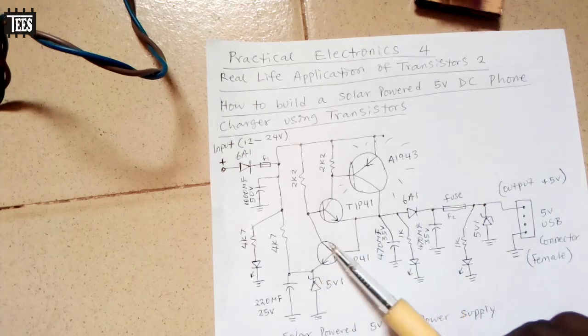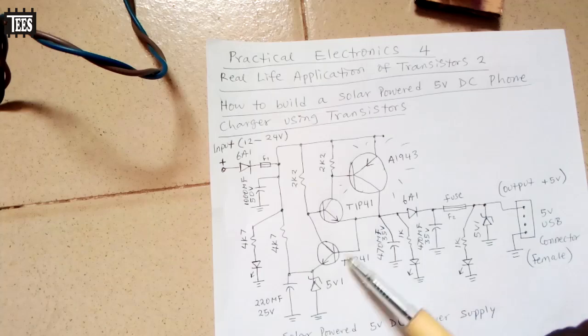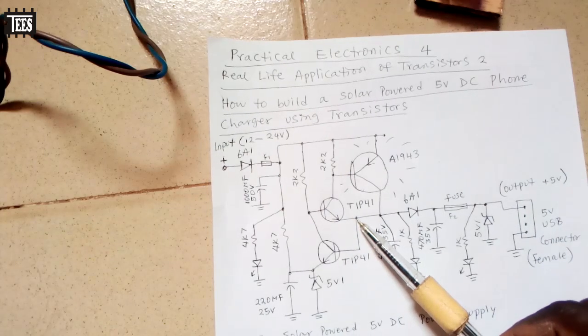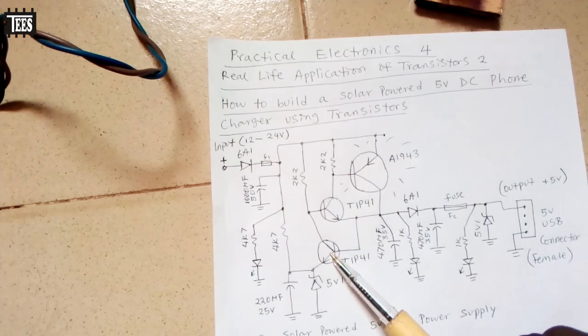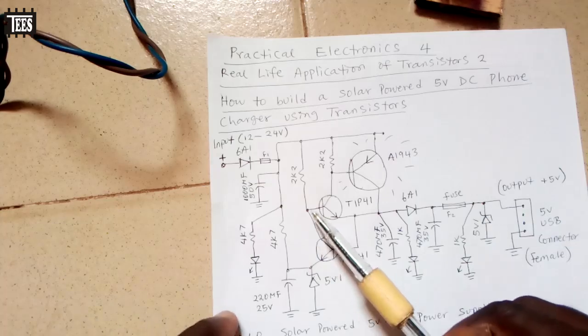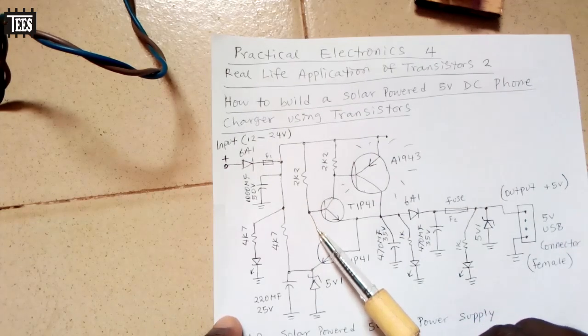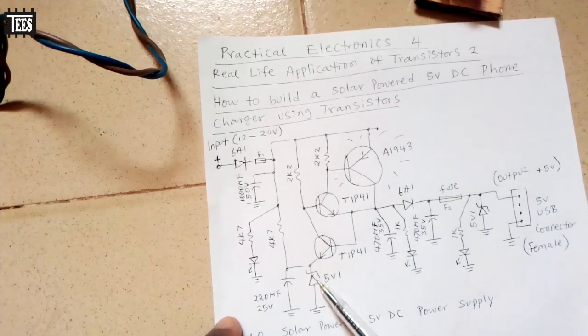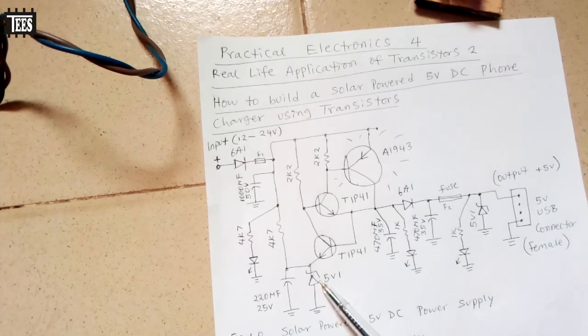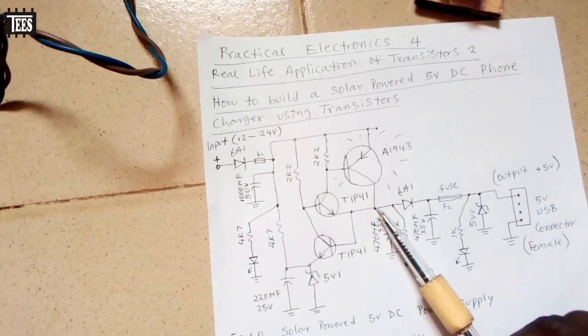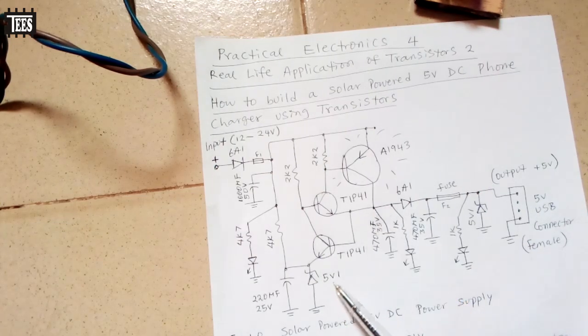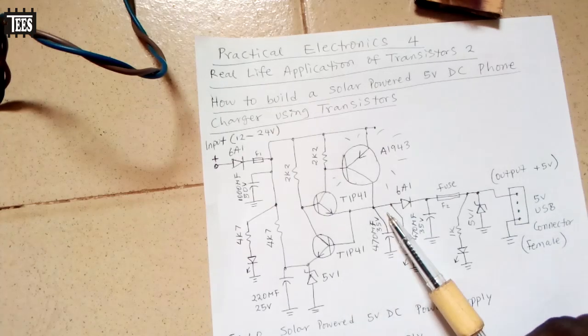What this transistor is going to do is, you can look, the base is connected to the output. The output becomes the input to this transistor. So this transistor is going to try to pull the base of this transistor down to the level of this Zener diode, which is 5.1. Now 0.6 is added to it, which is going to give you 5.7 volt.